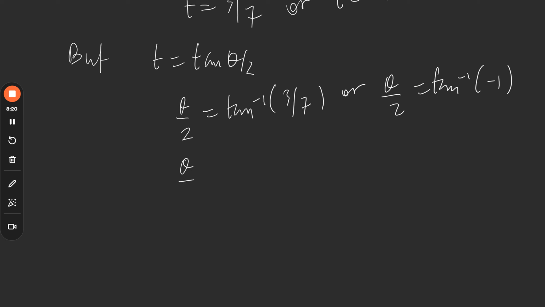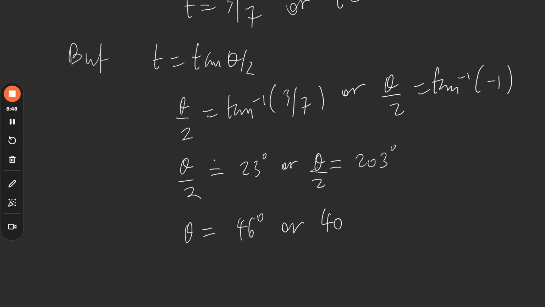So we're taking theta over 2 equals either 23 degrees, or theta over 2, which will be the angle in the third quadrant, which is 180 plus 23. You get 203 degrees. To get theta, you now multiply by 2, getting 46 or 406, dear students.